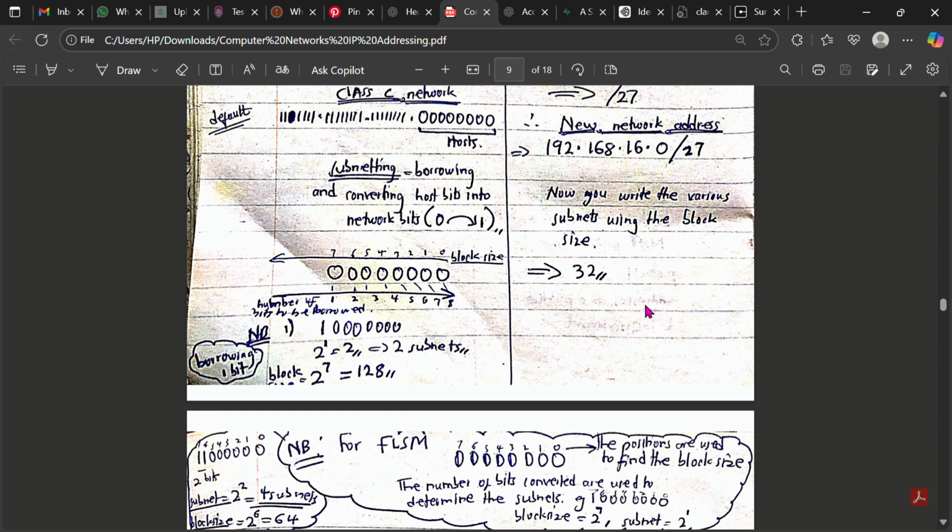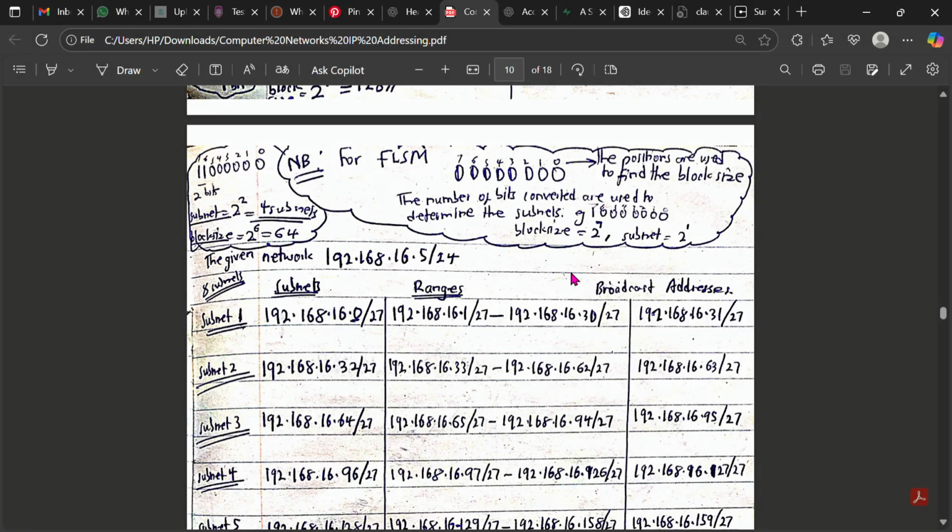Now we write the various subnets using the block size. The block size is 32, which means the number of addresses in every subnet is 32. Now we do the ranges.